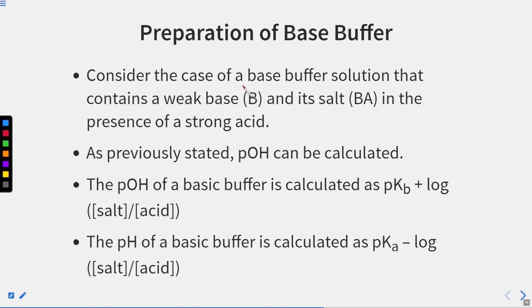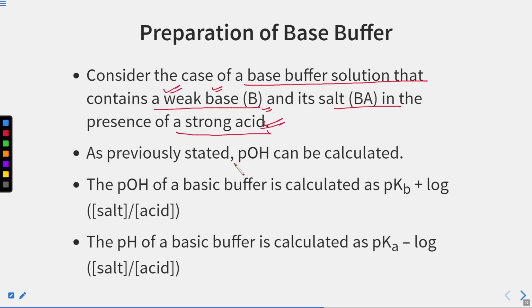Now consider the case of a base buffer solution that contains a weak base. Now we will talk about the preparation of the base buffer. Here you take the weak base B and its salt BA in the presence of a strong acid, just the opposite. There we were taking a weak acid with a strong base, but if you are taking a weak base to prepare a base buffer, then you have to take a strong acid.